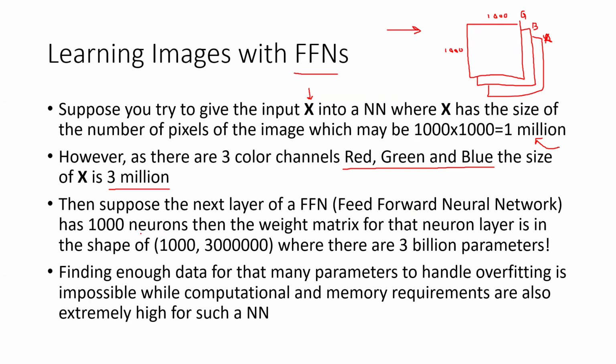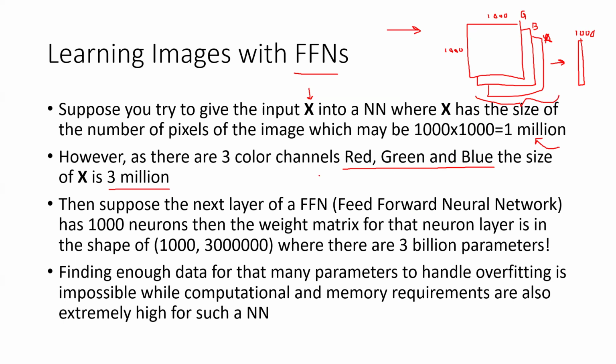So suppose you have 1,000 neurons at the first input layer, right? So you give this input into a fully connected neural network, and suppose there are 1,000 neurons in this layer. Now we know there are 3 million values in all three channels.